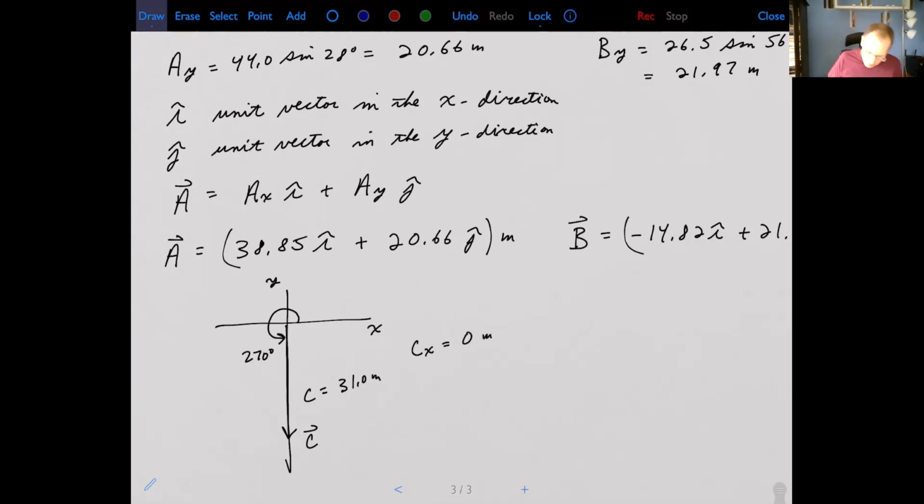Because none of that vector is projected into the x direction. And the y component, well, it's all in the y direction and it's negative. So the y component must be negative 31.0 meters. So vector C, if you write it in terms of our unit vectors, i hat and j hat, this is going to be 0 i hat minus 31.0 j hat meters.